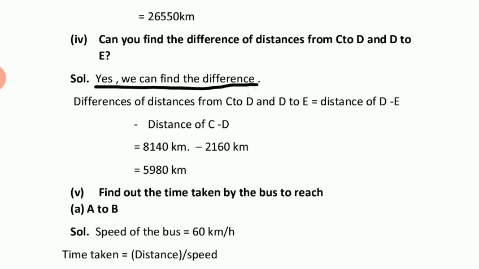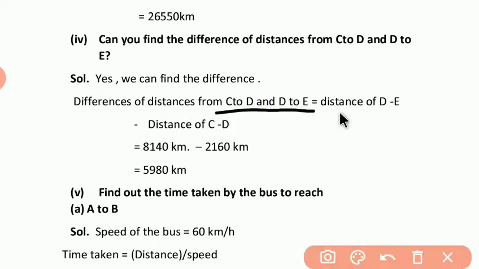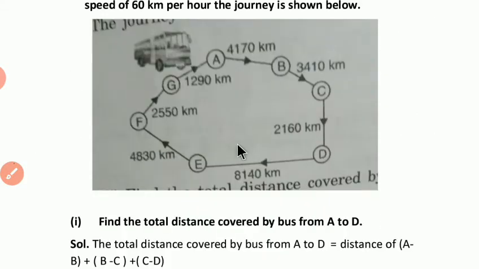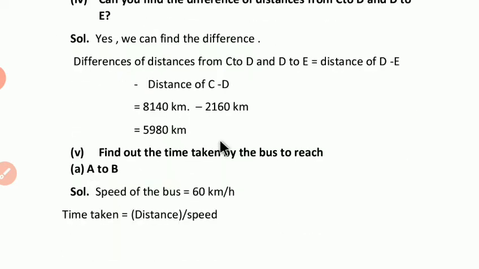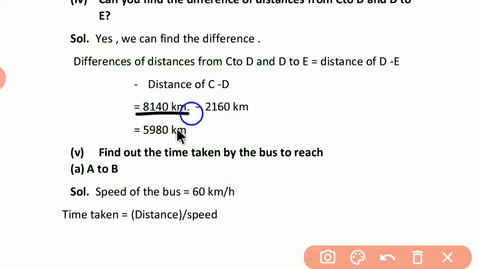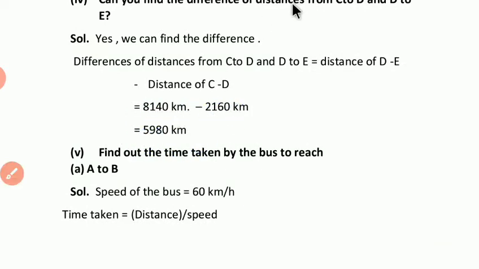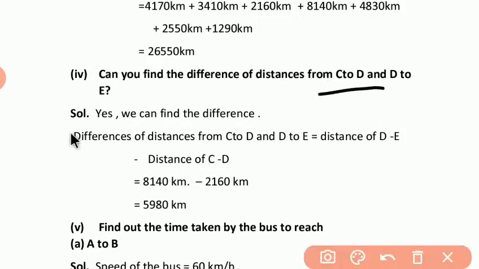It means we have to find how much more distance the bus has covered with respect to C to D and D to E. So the difference of distances is equal to distance of D to E minus distance of C to D. Here you can see that the distance from D to E is more than C to D. So 8440 km minus 2160 km, which is equal to 5980 km.